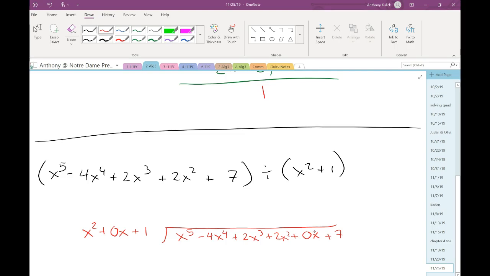So it's not mandatory that the 0x's are there, but in my experience as a high school math teacher, I have never seen a student do these problems correctly that didn't include the zeros. So if you are skipping the zeros, you're probably going to end up making a mistake and doing the problem wrong.